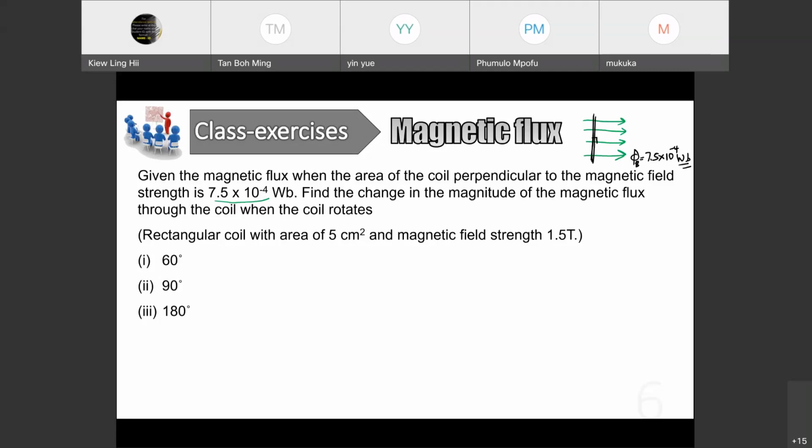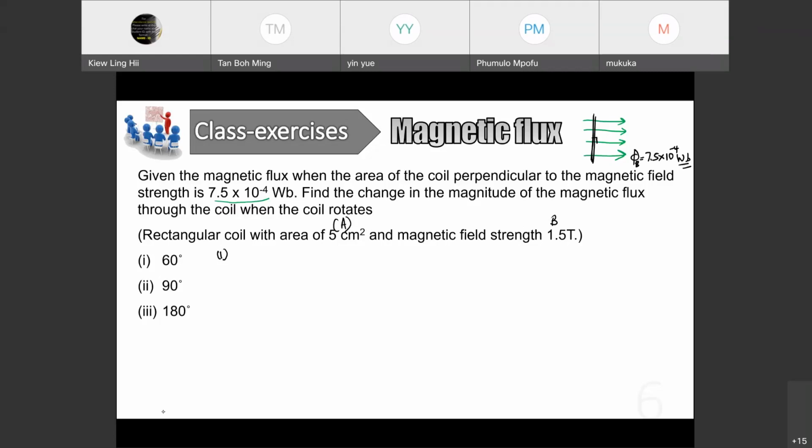So find the change in magnitude of the magnetic flux through the coil when the coil rotates. Given that the area of the coil is 5 centimeters square and the magnetic field is 1.5. So meaning that the coil is now rotated from the original position by 60 degrees.